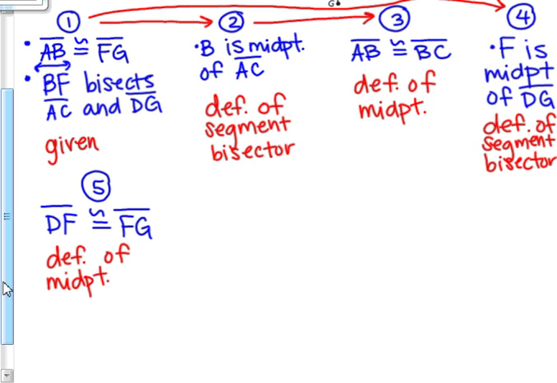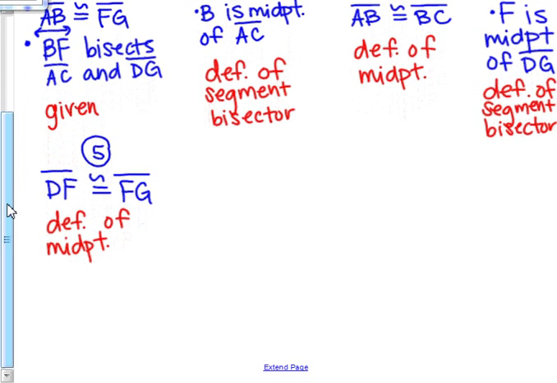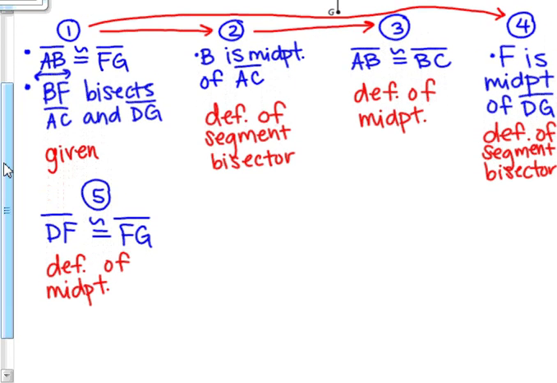All right, so for step 6, I'm going to use a different sort of reason. I'm going to use something called the transitive property. Now, I'm going to look at step 1 and step 3. On step 1, it told me that segment AB was congruent to segment FG.